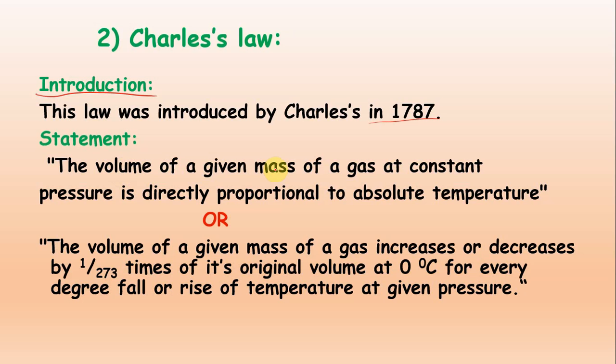The volume of a given mass of gas at constant pressure is directly proportional to absolute temperature. In other words, we can say that the volume of a given mass of gas increases or decreases by 1 upon 273 times of its original volume at 0 degrees Celsius for every degree rise or fall of the temperature at a given pressure.